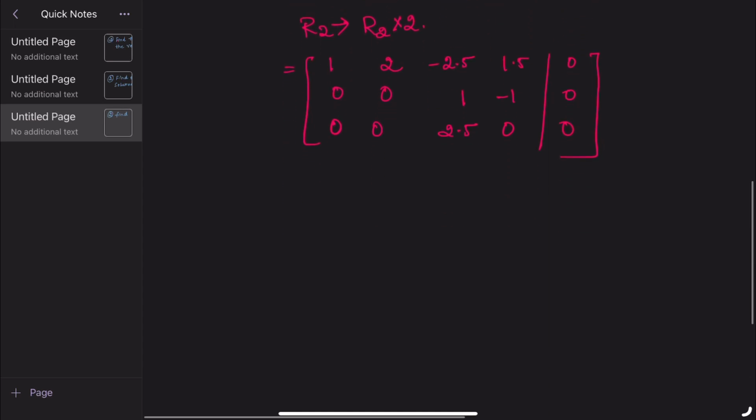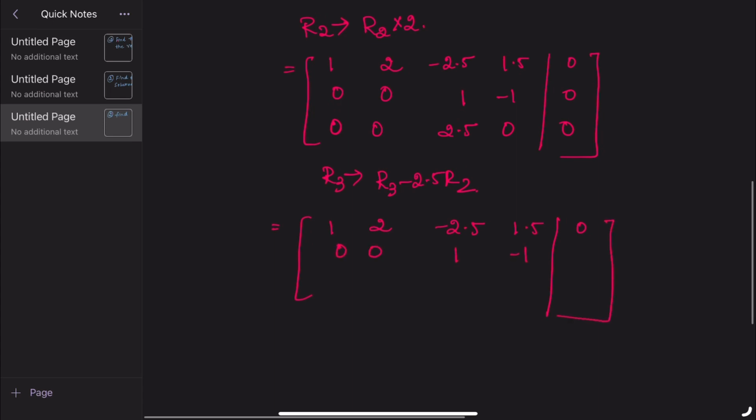Now let me change R3 to R3 minus 2.5 times R2. What will I get as the answer? I think it should be equal to 0. That is what we are expecting, so let's see whether we are getting it or not.